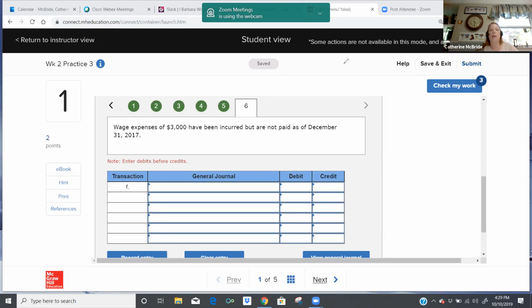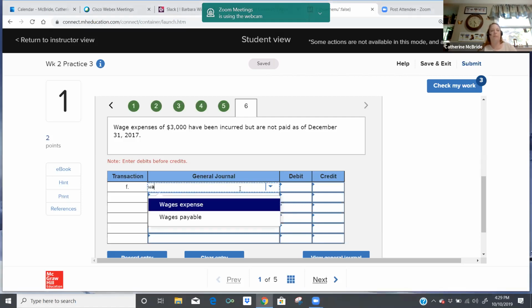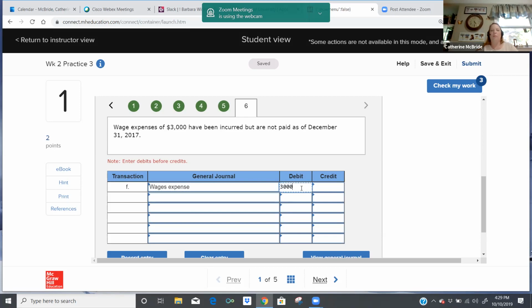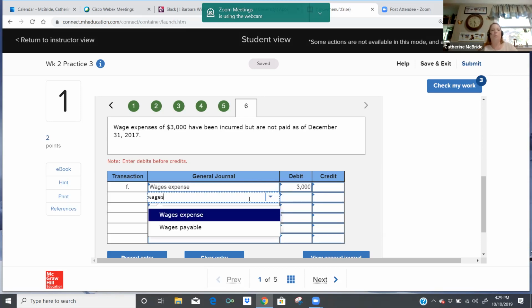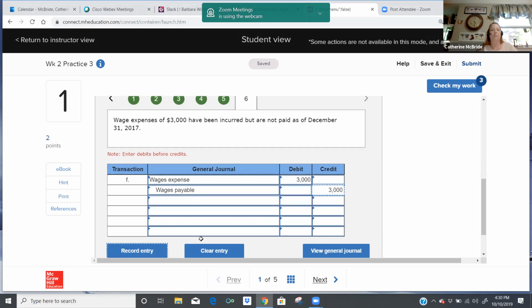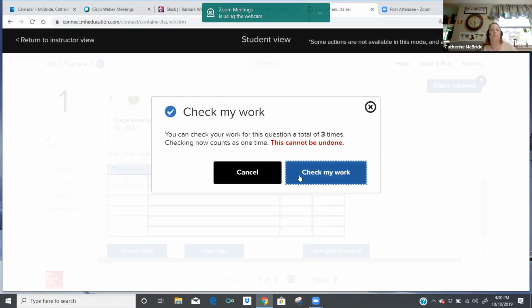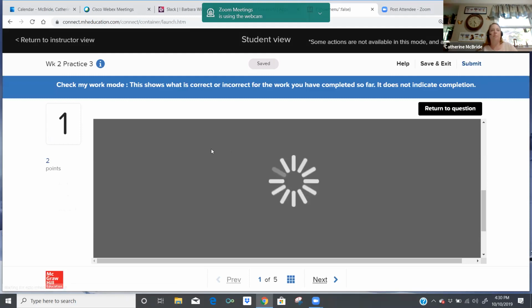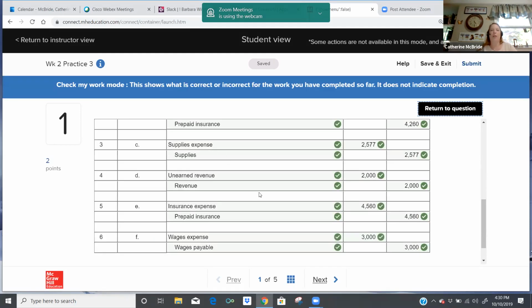I'm going to debit wages expense for $3,000 and credit wages payable for $3,000. And there we go.